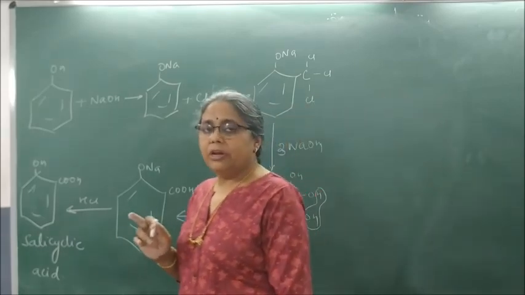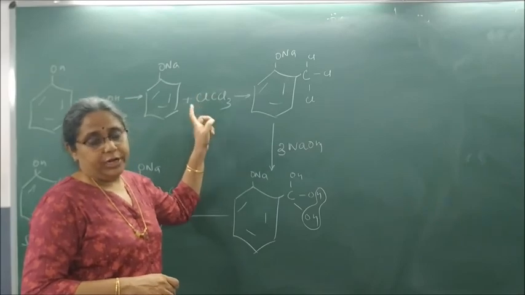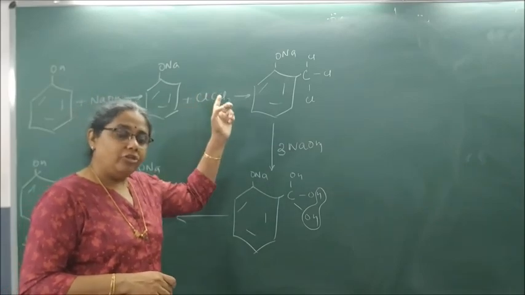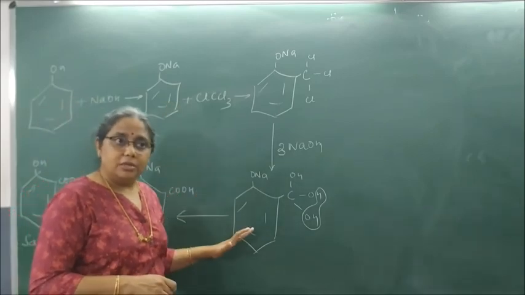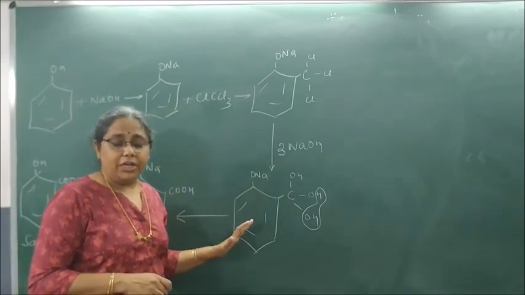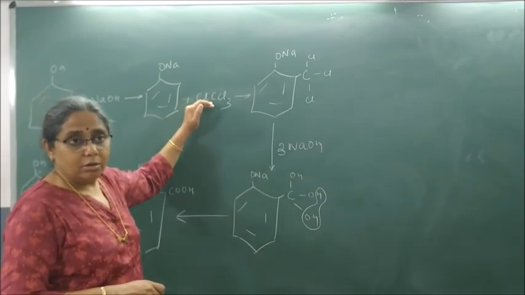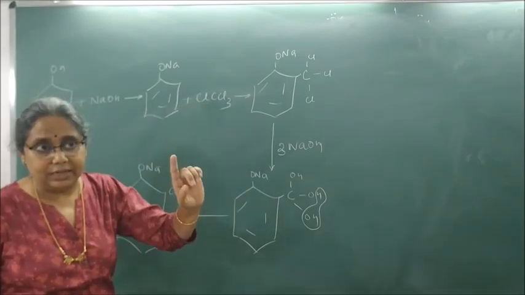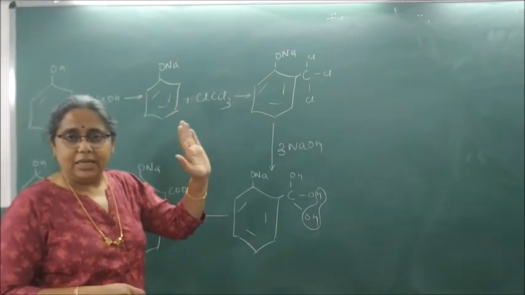But in Reimer-Tiemann reaction, you react sodium phenate with carbon tetrachloride, and in Kolbe reaction, you react sodium phenate with carbon dioxide to get salicylic acid. Original one, if I use chloroform, I will get salicylaldehyde. If I use carbon tetrachloride, I will get salicylic acid.